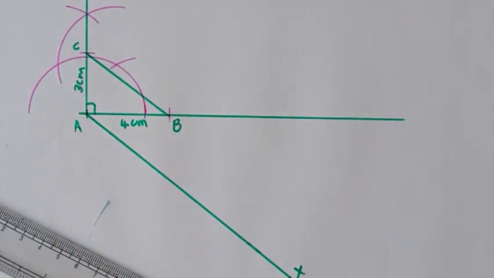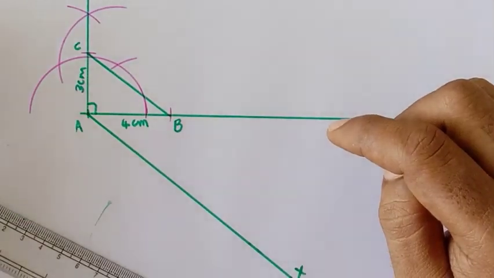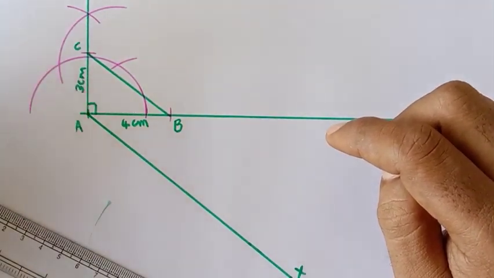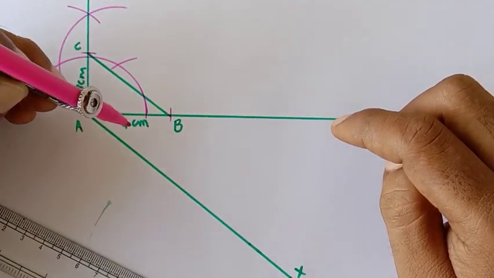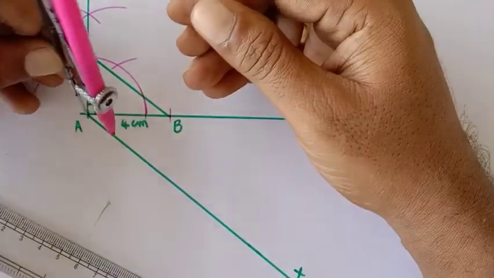Now, I will be dividing this AX into 5 equal parts. As the numerator is 5, I will be dividing it into 5 equal parts.